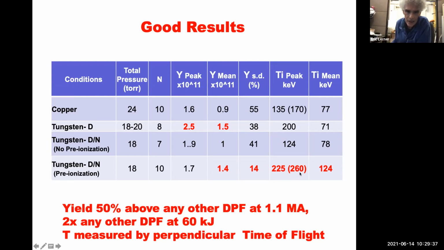confined ion energy, which we published in Physics of Plasmas. We confirmed it measured by time of flight, and we confirmed that it was really confined. The neutrons were emitted isotropically.